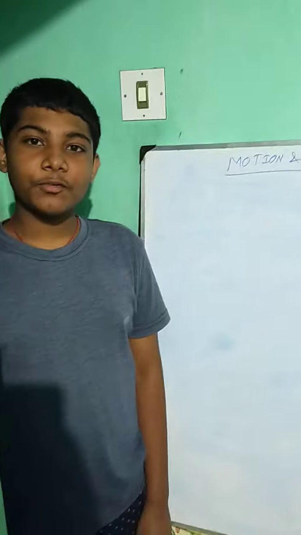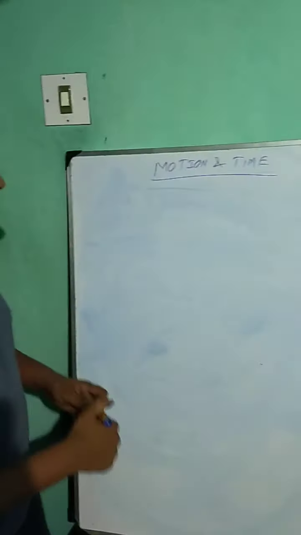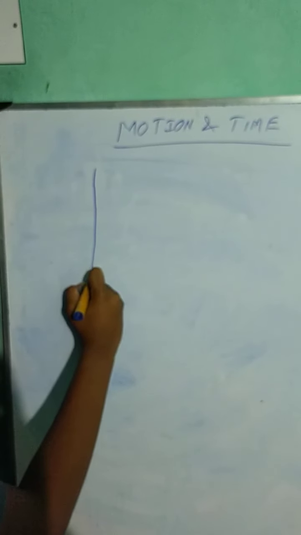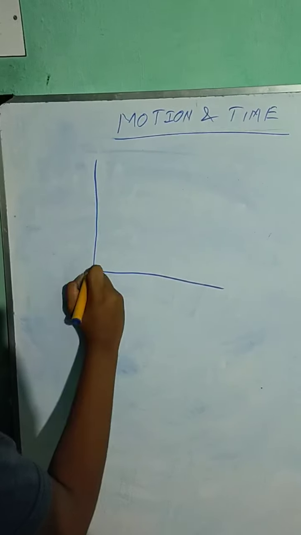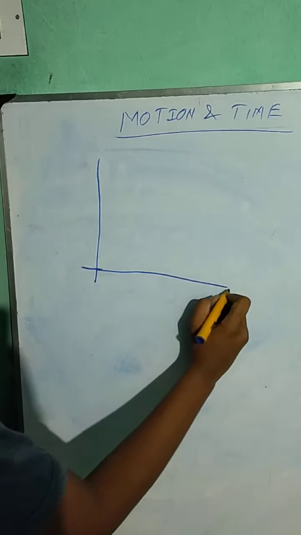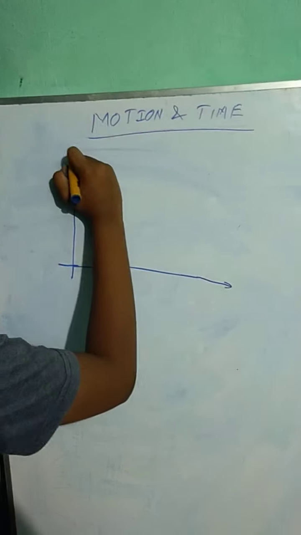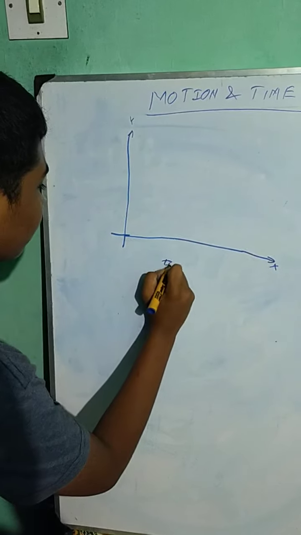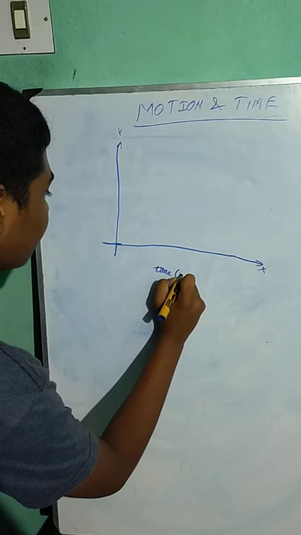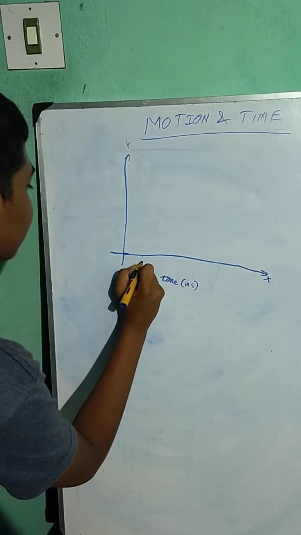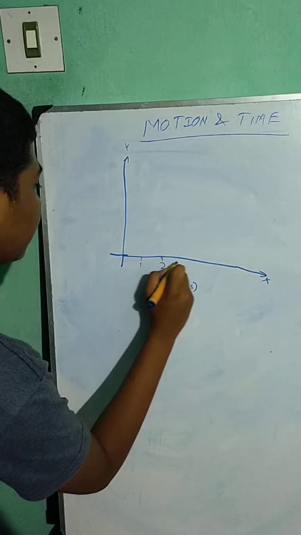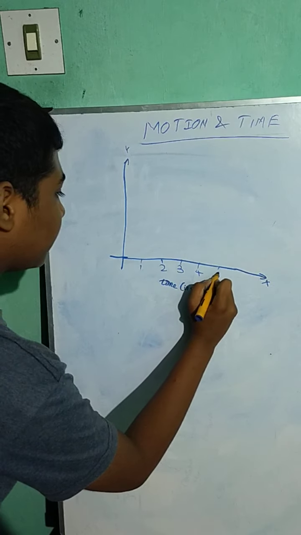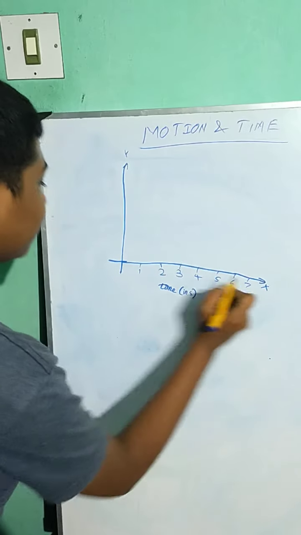Now I'll give an example of a distance time graph for non-uniform motion. I am drawing a graph. X-axis, y-axis. Again time in seconds: 1 second, 2 seconds, 3 seconds, 4 seconds, 5 seconds, 6 seconds, 7 seconds.